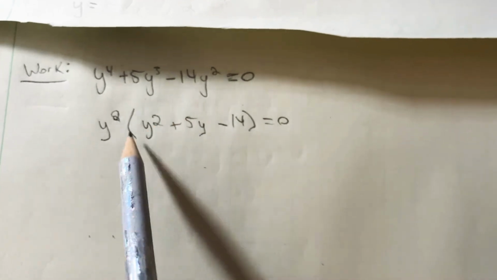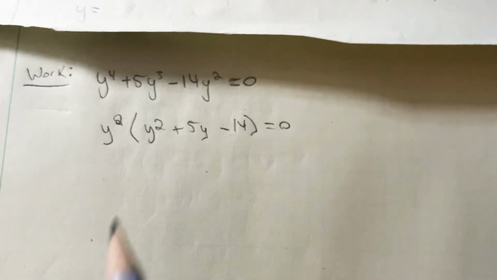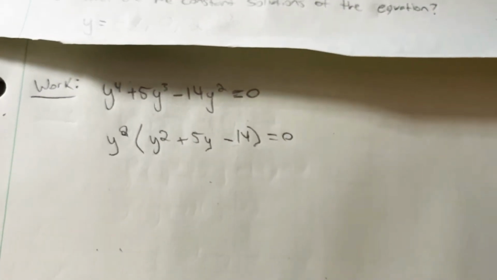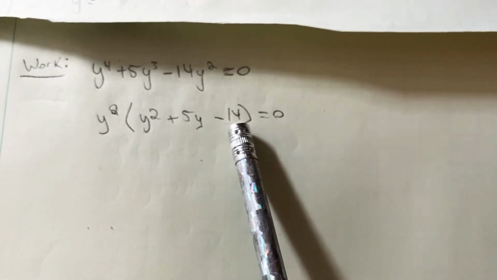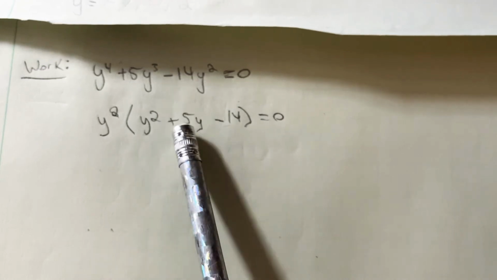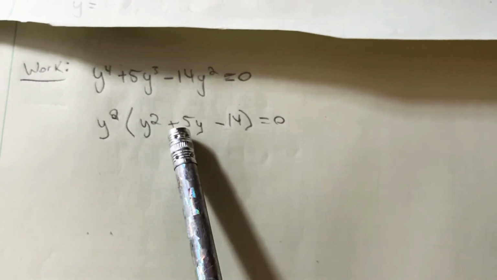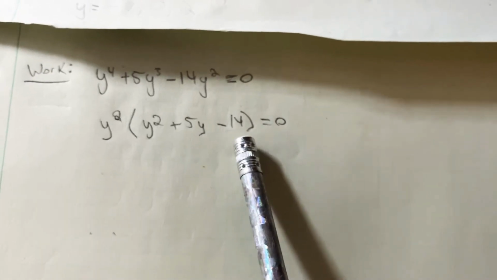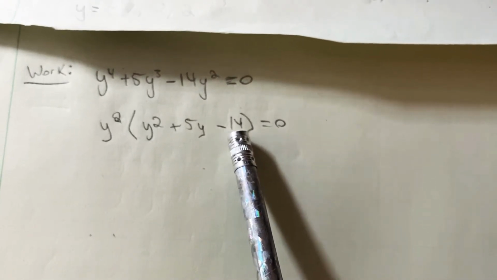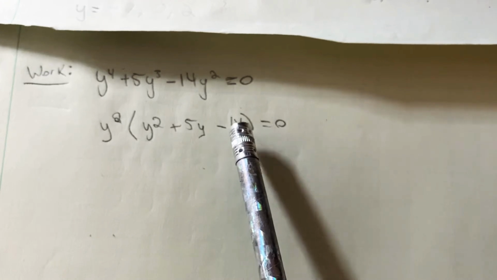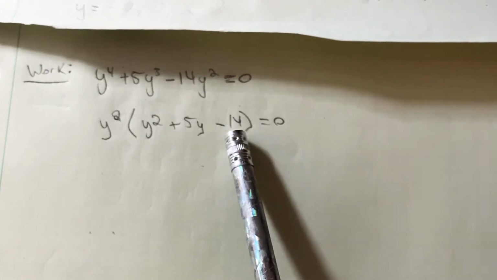From here, we want to factor this polynomial. To do this, we need to find two numbers that multiply to negative 14 but sum up to positive 5. Thinking of this, we have positive 7 and negative 2.